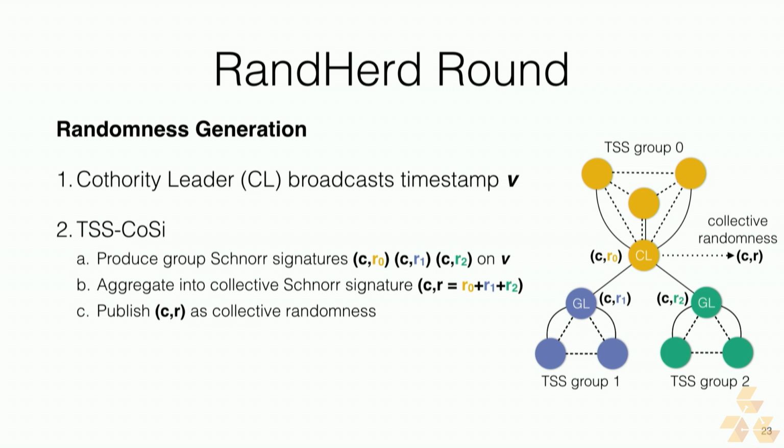Then we sum up these Schnorr signatures to get an aggregate signature, and we publish this aggregate signature as the collective randomness, which can be verified against the public key that we generated during the setup.